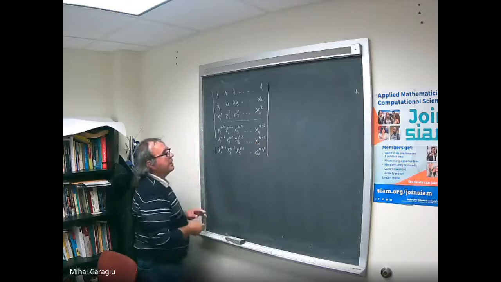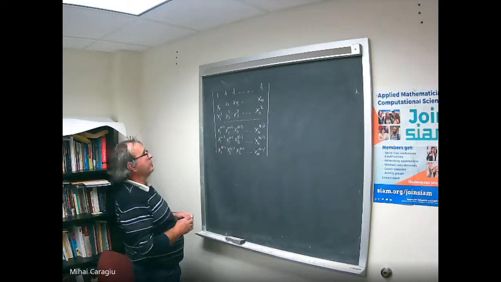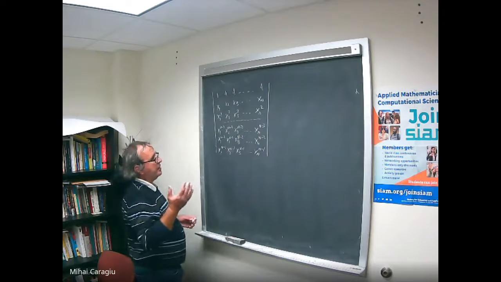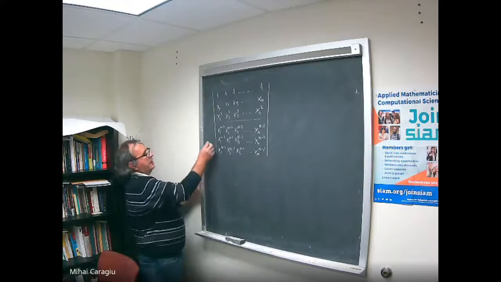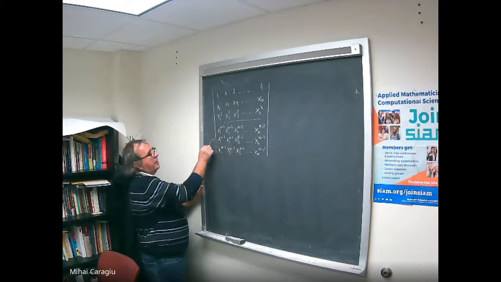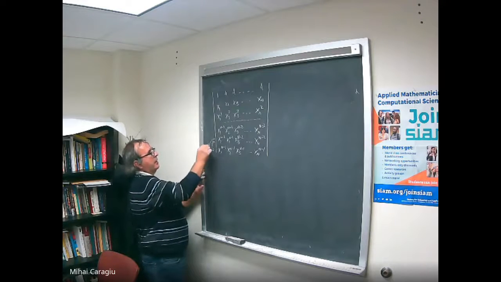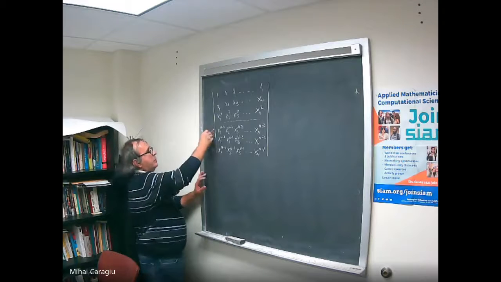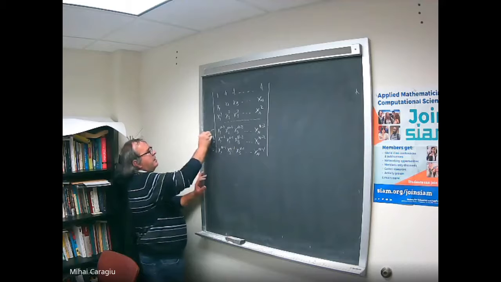This determinant. So which transformations do we do? Just inspired by the previous special case, multiply the next to last row by minus x1, so that's the first operation. Then minus x1 again, this is the second.